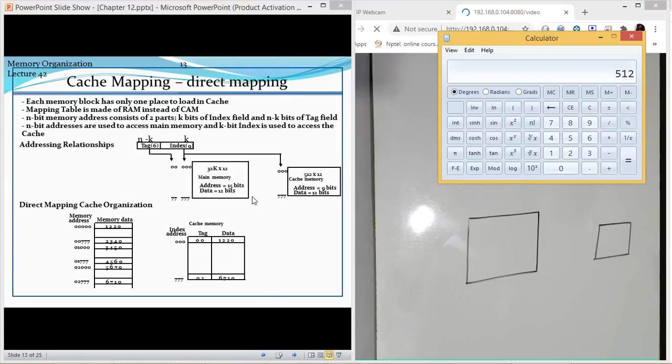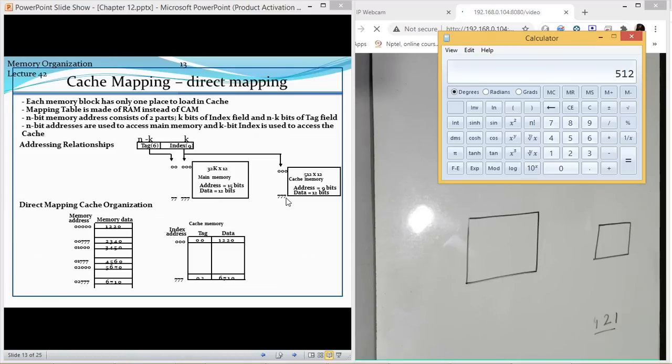So this is like 4, 2 and 1; 4 and 3, 7. So this is how it is now representing the 3 bits. Okay. So now let us talk about the memory.